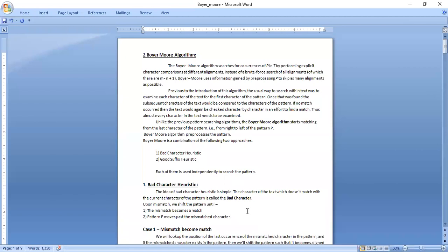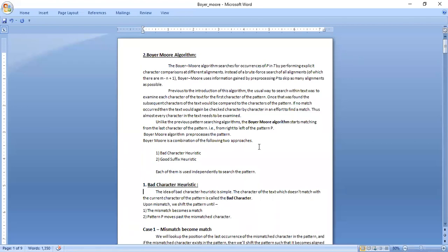Also, in brute force we match the pattern starting from position 0 till M, that means from the left, right? But in Boyer-Moore, we scan the pattern from right to left. So we start from the right side of the pattern.